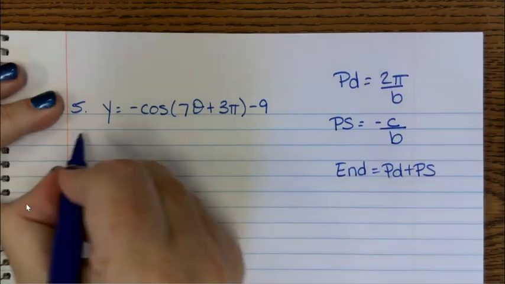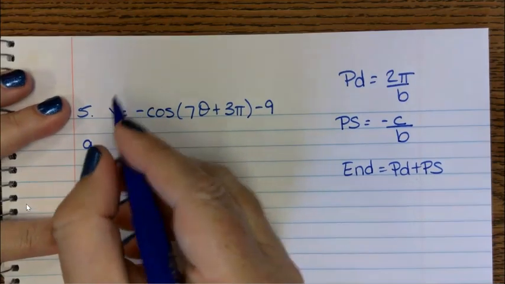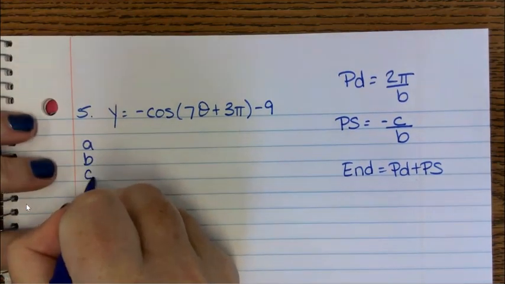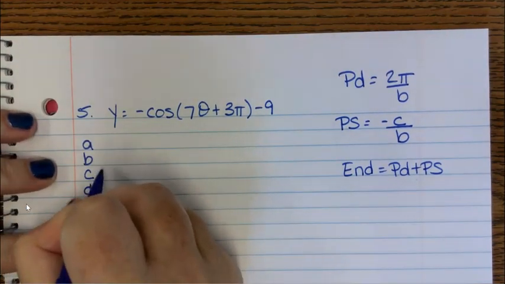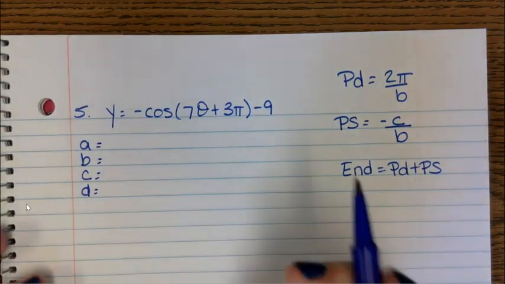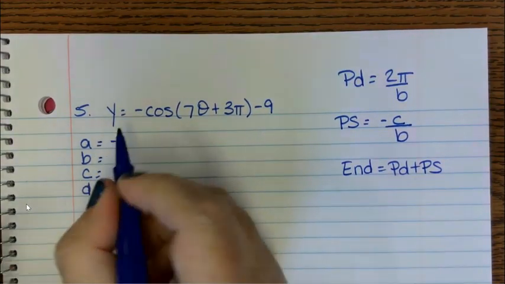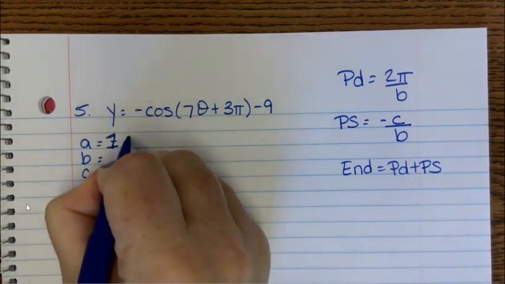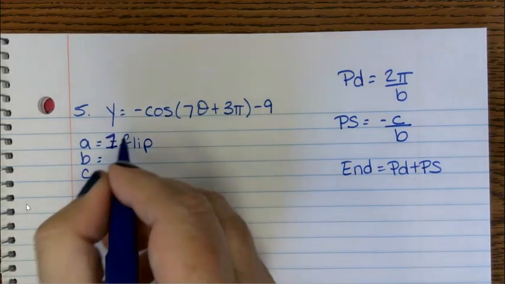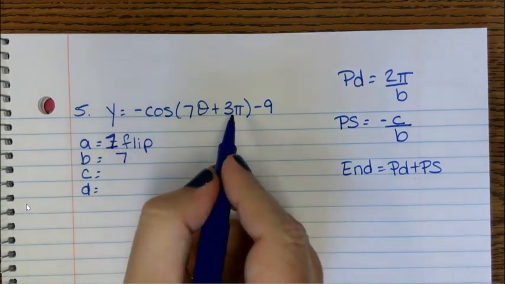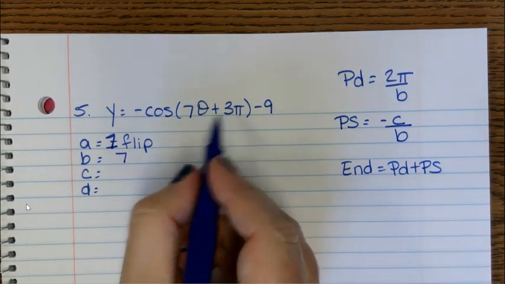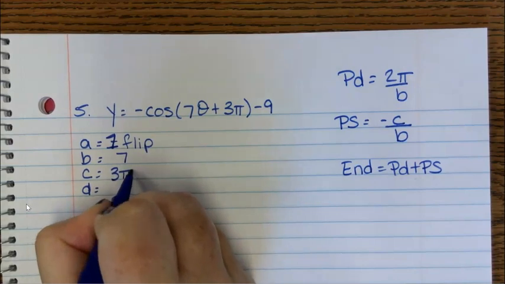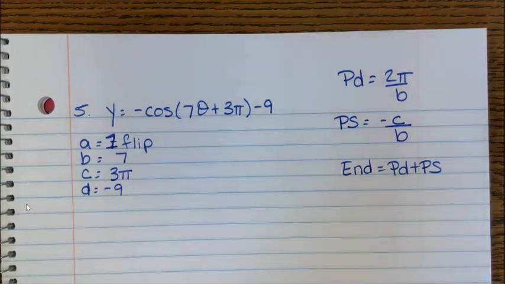So here we go. I know we don't have to do A or D, but it's just ingrained. So A is negative, notice I almost made a boo-boo, 1, it's 1 and a flip. Okay, B is 7. C is in parentheses, so this 3 pi is my C value, and D is -9.